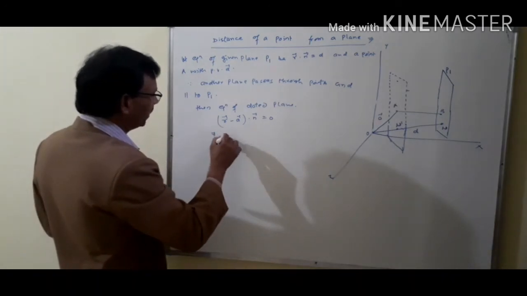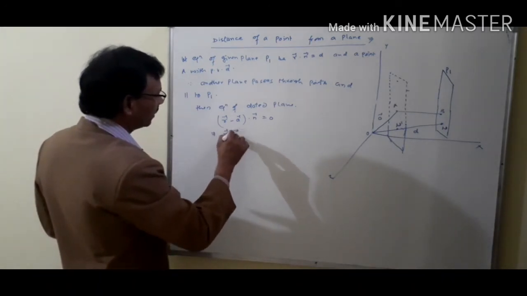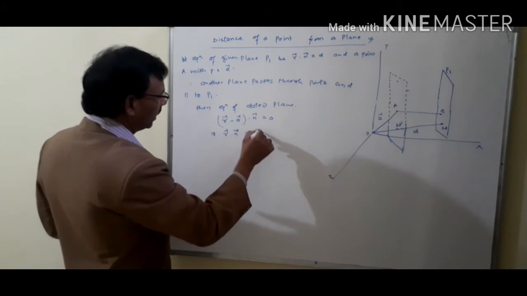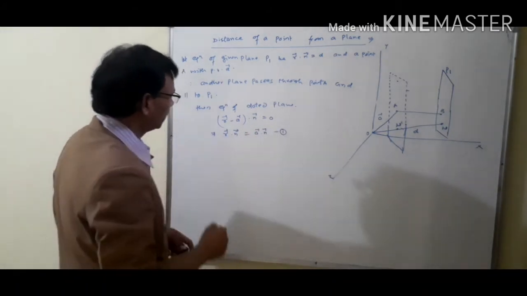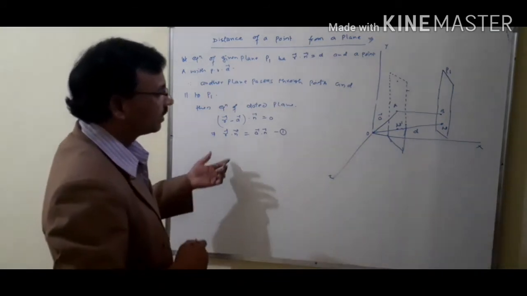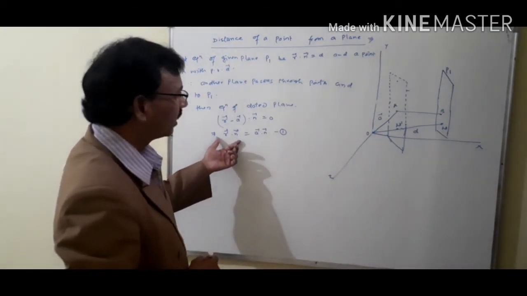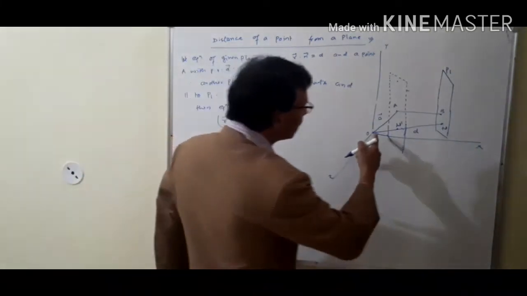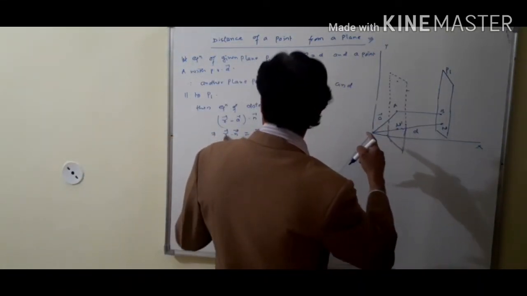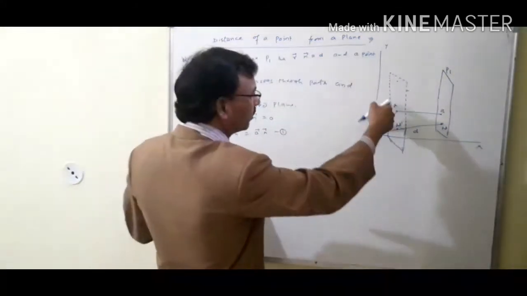That means this will be R dot N equal to A dot N. Equation first. Since R dot N is the equation of this plane.